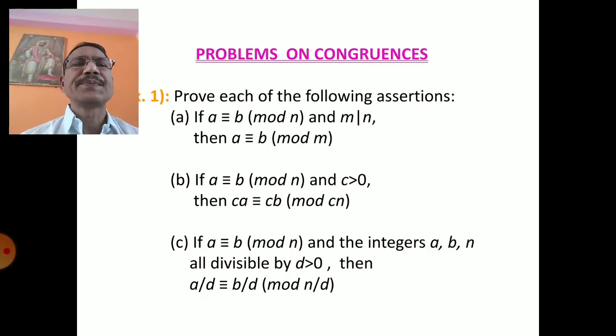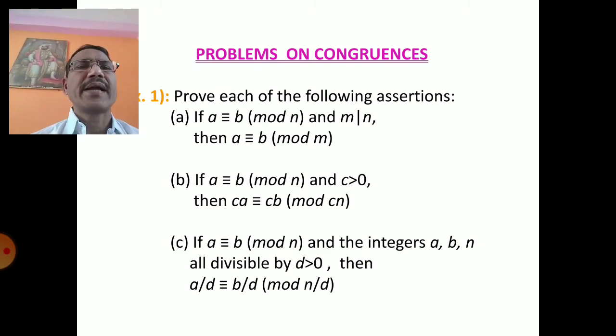Now part c: if a is congruent to b mod n and the integers a, b, n are all divisible by d greater than 0, then a by d is congruent to b by d mod n by d. That means when d is greater than 0, we can divide throughout by d.